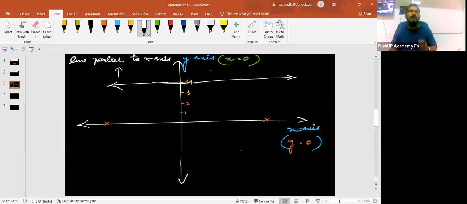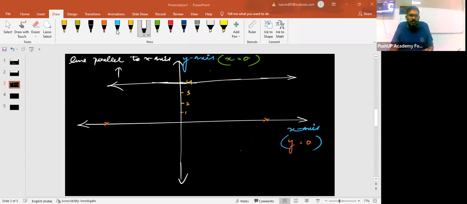A line parallel to the x-axis. If I ask you, at what distance is this white colored line, which is parallel to the x-axis, away from the x-axis? By how many units? 4 units? How many of you agree with 4 units, children? I think almost everyone is. No, I'm still waiting. 4 units? Yeah, it's 4 units, right?